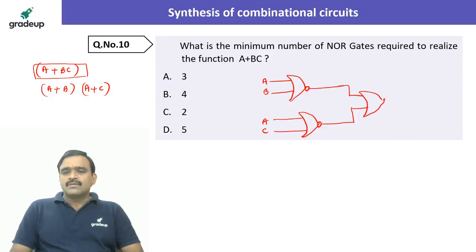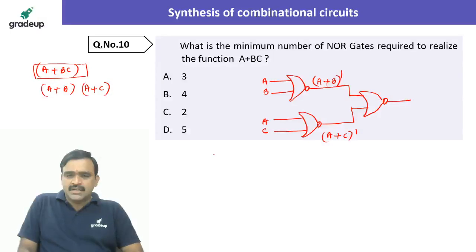So this is also a NOR gate. Now here we are getting A plus B whole bar, and here we are getting A plus C whole bar. So we are taking the OR operation and then complement, right? So the output, say F, becomes A plus B whole bar plus A plus C whole bar, and whole bar.